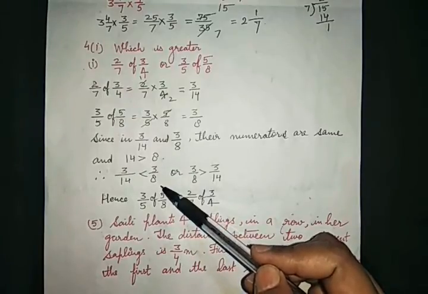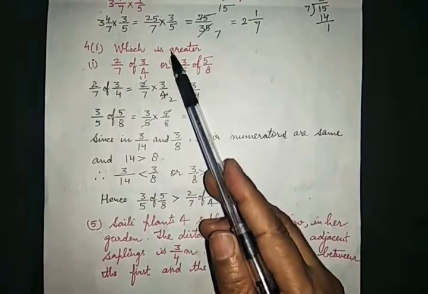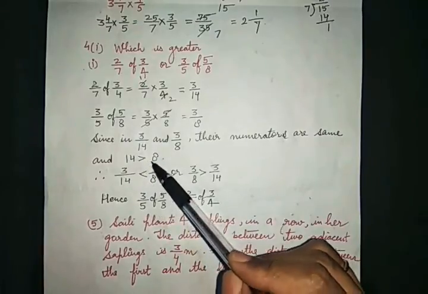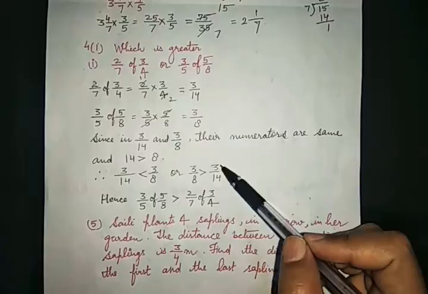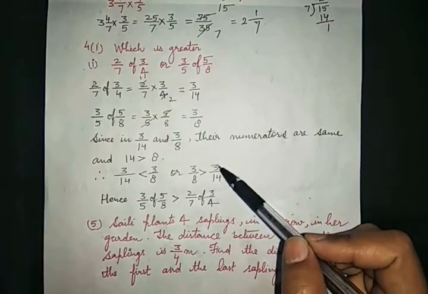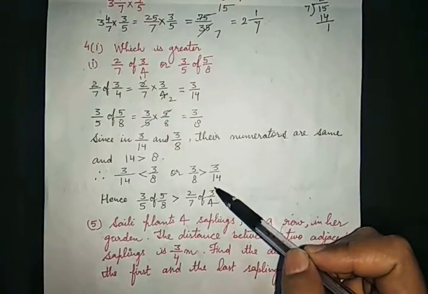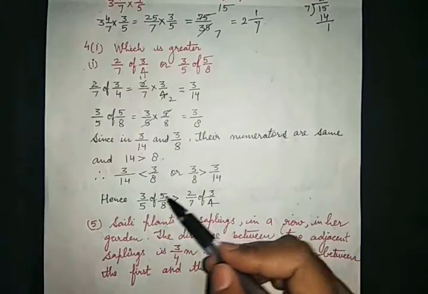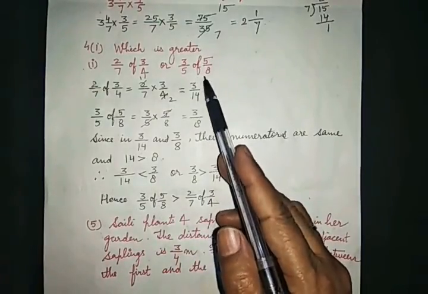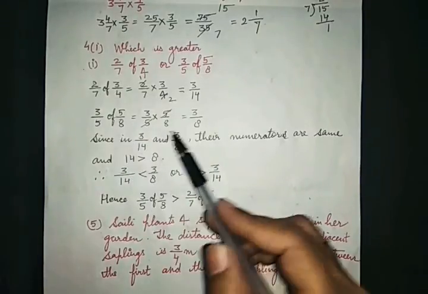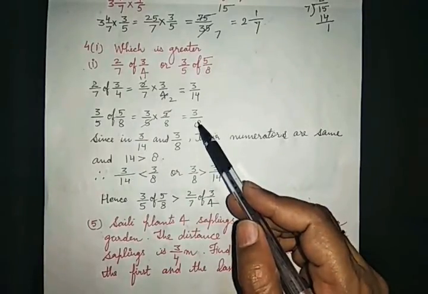But you have to tell here which is greater. So the same statement you can write like this: 3 upon 8 is greater than 3 upon 14. Hence 3 upon 5 of 5 upon 8, what is it giving here? 3 upon 8.